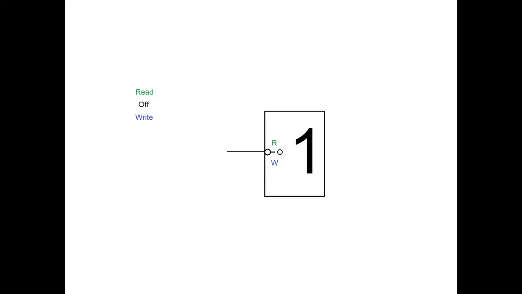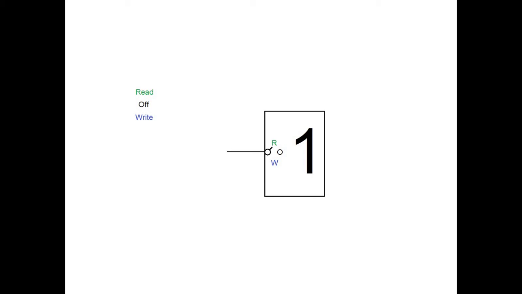Every RAM location, random access memory location, is going to hold an internal number, either a 0 or, in this case, a 1. It also has an input-output wire, which has 3 states. In this case, it's in the off position, which is how memory spends most of its time. When it's off, it essentially is totally disconnected from the input-output wire and doesn't pay any attention to what's going on there.